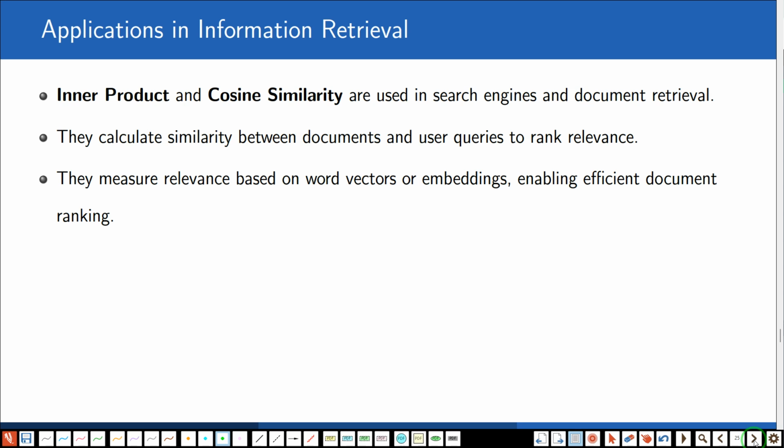The vector stores or vector databases these days, which are at the heart of technologies like RAG, retrieval augmented generation, which are a layer on top of the large language models, use some form of similarity metrics, and because of its simplicity and speed, inner product is usually used.